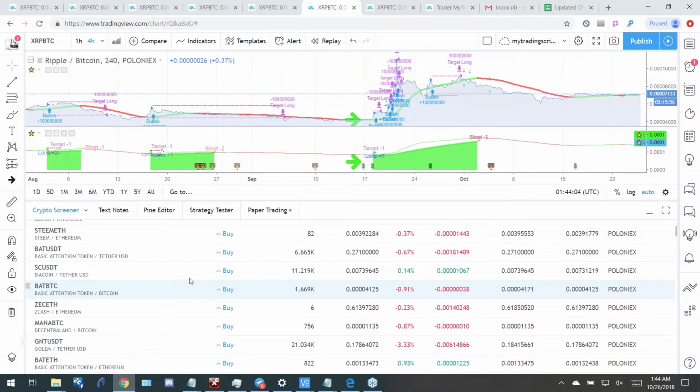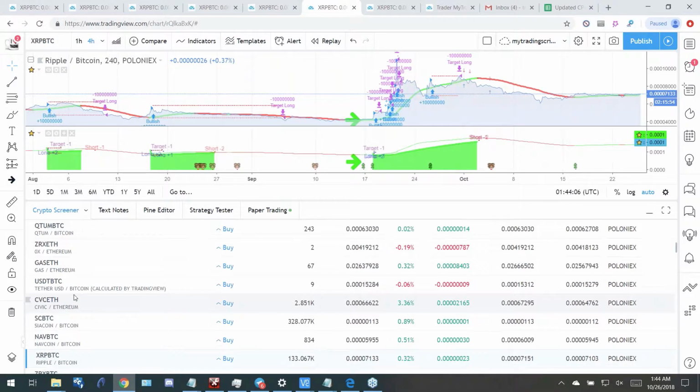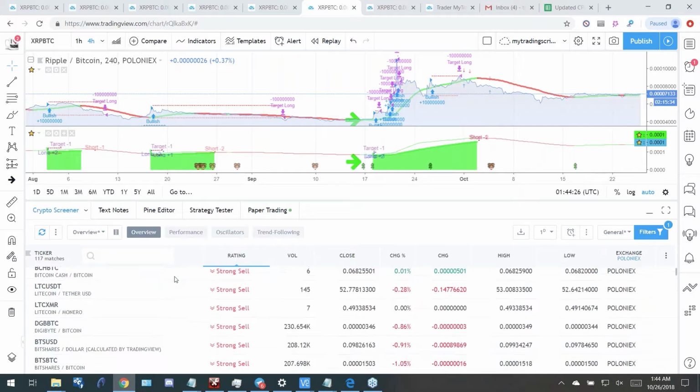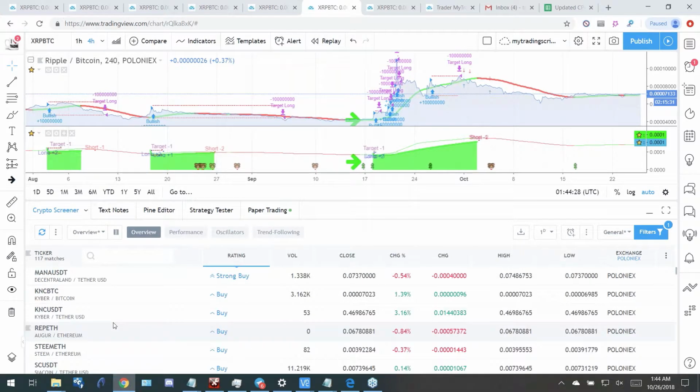Is that right? Well, it's not so much the least amount of trades; it's quality trades. That's why you come over to your crypto scanner, because you can mastermind with your friends, your group, your colleagues, and go through. There are over 100 pairs here, and Binance has more pairs, and Kraken has more pairs.